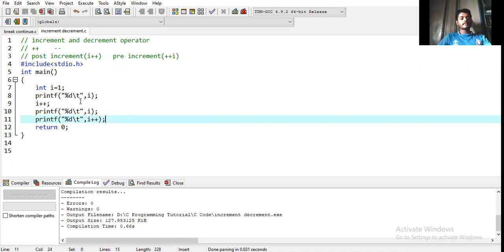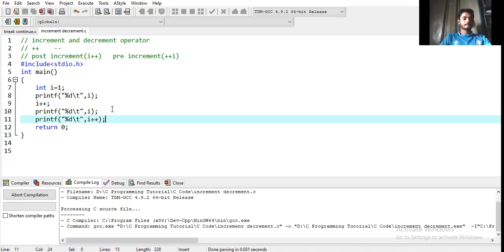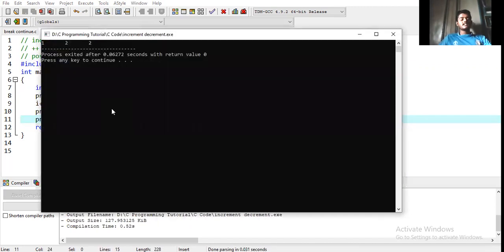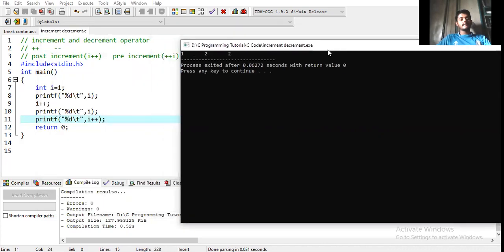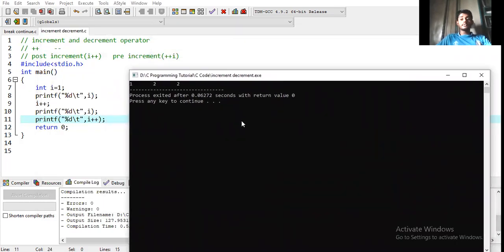So what will be done? First, 1 is printed, second, 2 is printed, and the third time, also 2 is printed. Why? Because at this moment, i is equal to 1.